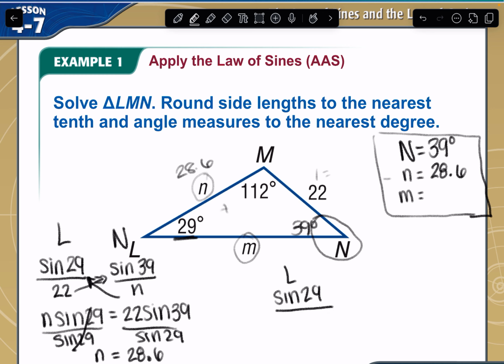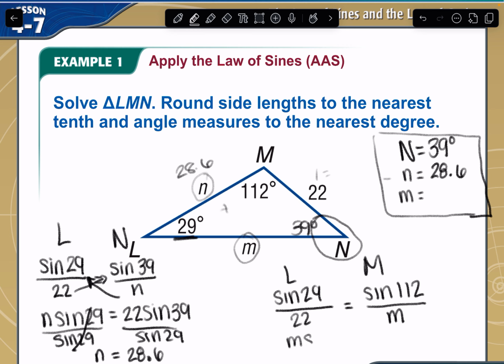So I'm going to set this up similar to the last one. So I have sine of angle measure L, which is 29, over my side length, which is 22. Now I am solving for m, specifically side length m. So my angle measure for m is 112, and then my lowercase m for my side length is what I'm solving. So I'm going to set this up the same exact way. I'm solving the same exact way. So I'm cross multiplying.